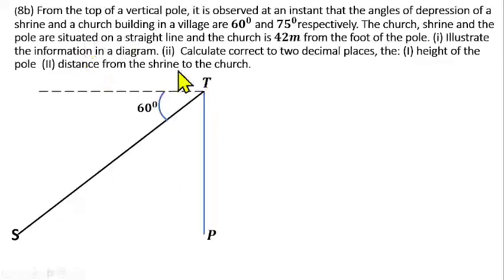Then the person also leaves the initial sight and looks at the church at an angle of depression of 75 degrees. The question I want to ask you is, where am I going to draw this line? Am I going to draw it around here, or down here? I want you to answer that question.